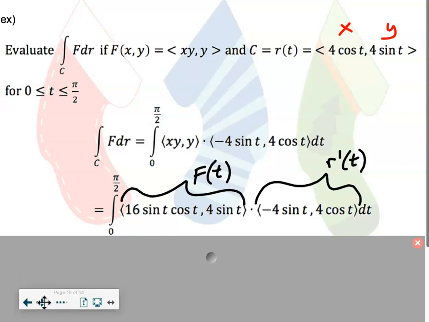Let's see. When you multiply, you get negative 64 sine squared cosine plus 16 sine cosine. I would factor some stuff out.